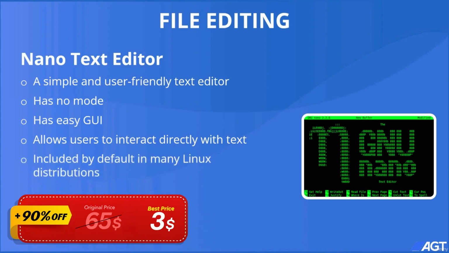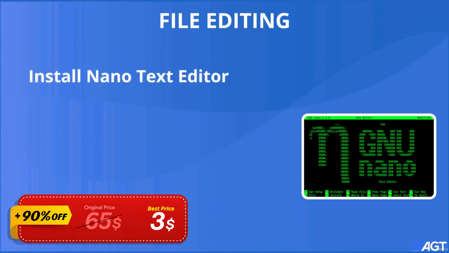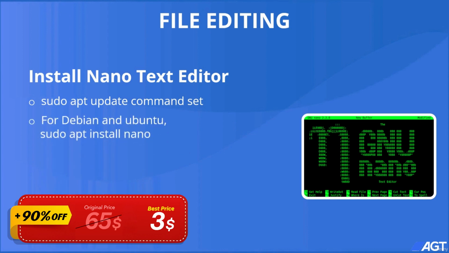So Nano is usually included by default in many Linux distributions. But if it's not installed, you can easily install it yourself just by using these commands. Just like we can install with sudo apt update, which is a command group, we can use the command sudo apt install nano for Debian and Ubuntu, and yum install nano for CentOS and Fedora.